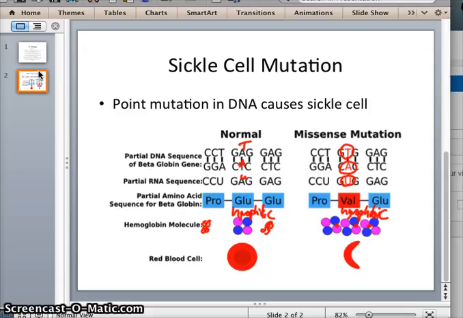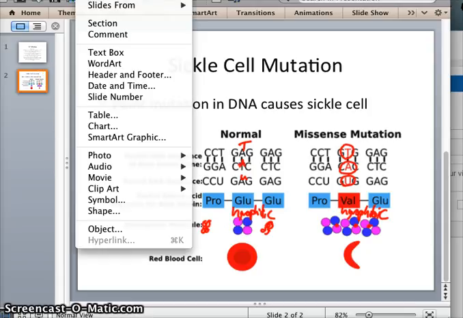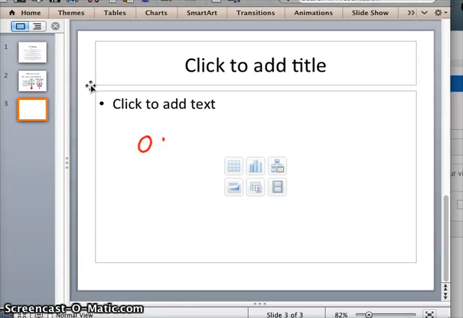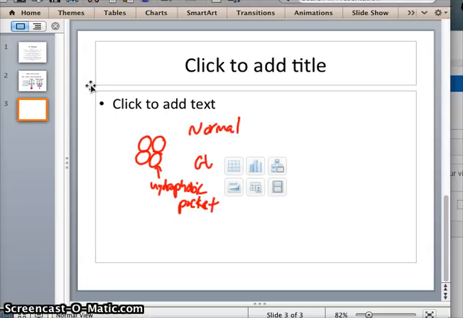Alright, so if I would just go to just a blank slide here, basically, again, if we have hemoglobin, we have this hydrophobic pocket on the outside. And in normal hemoglobin, this glutamic acid is hydrophilic, so it's going to repel.